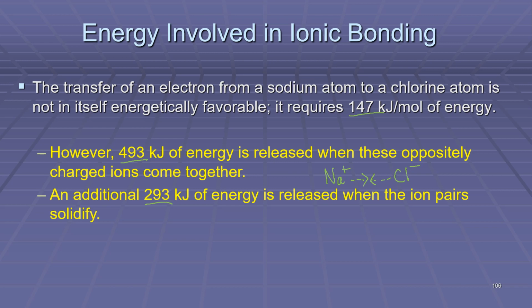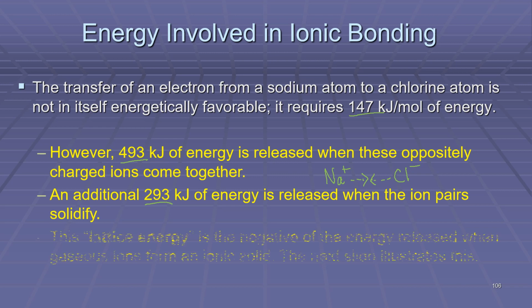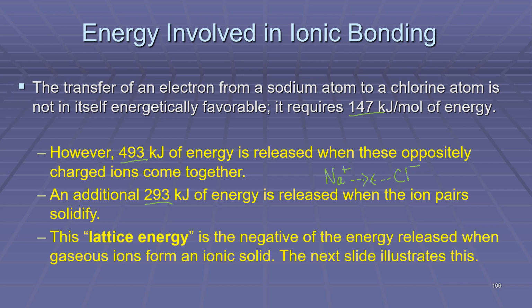So it more than balances out, and this is definitely energetically favored. I think we've got a picture on the next slide. This is called lattice energy. The lattice energy is the negative of the energy released when gaseous ions form an ionic solid. Let's look at that on the next slide.